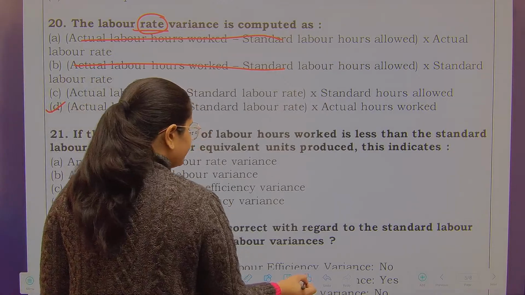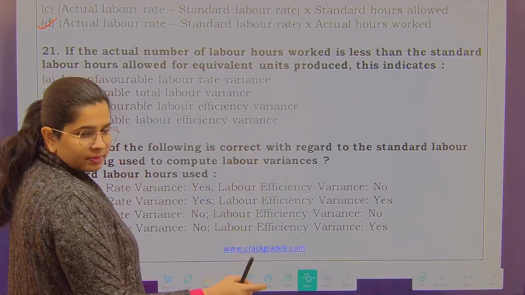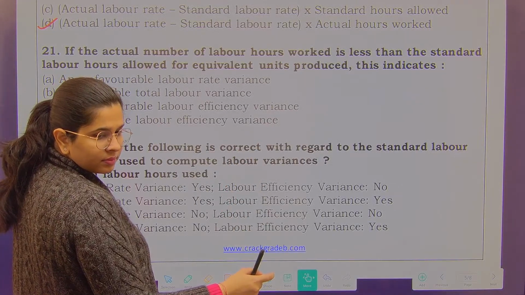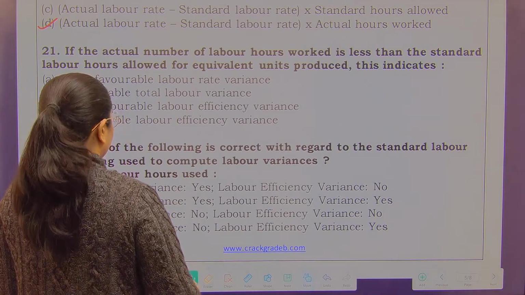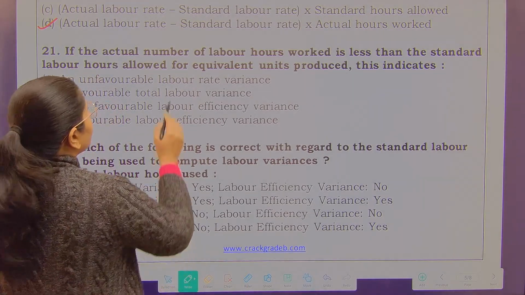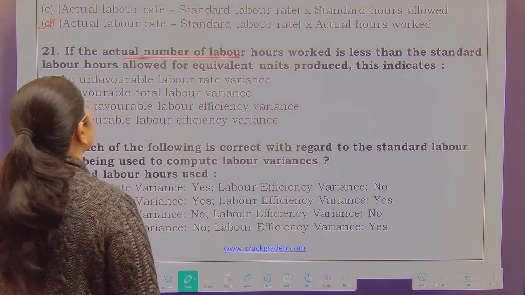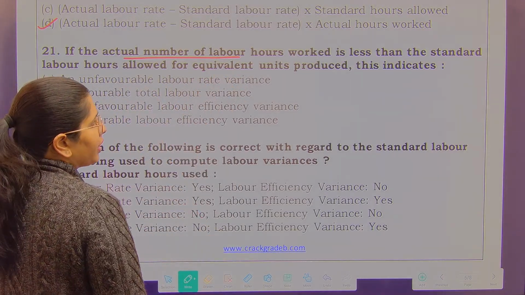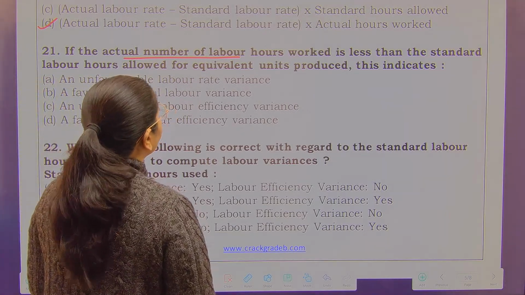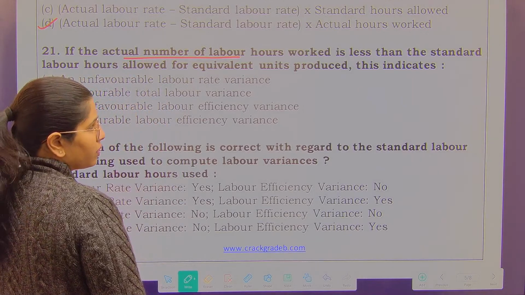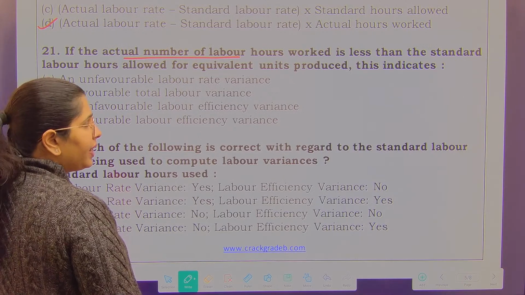Next is, if the actual number of labor hours worked is less than the standard labor hours allowed for equivalent units produced, this indicates. So they are asking you if the actual number of labor hours worked is less than the standard labor hours for equivalent units produced.